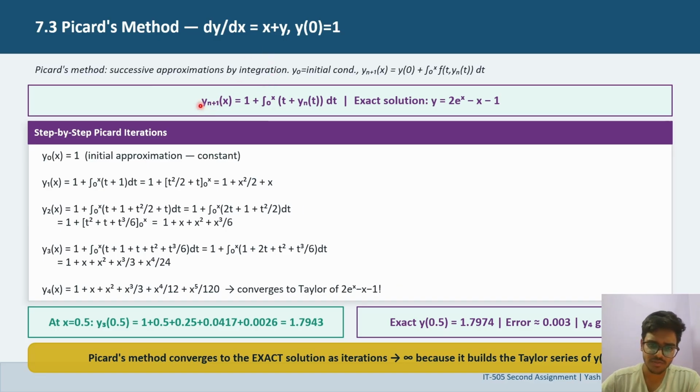So each iteration improves the previous solution. One interesting thing is that Picard's method gradually builds the Taylor series of the exact solution. As the iteration increases, the approximation converges towards the exact answer. That is, here we get 1.7943 with the error of approximately 0.003.